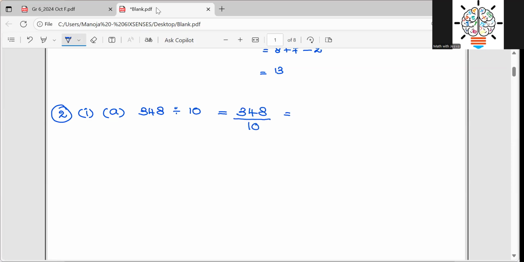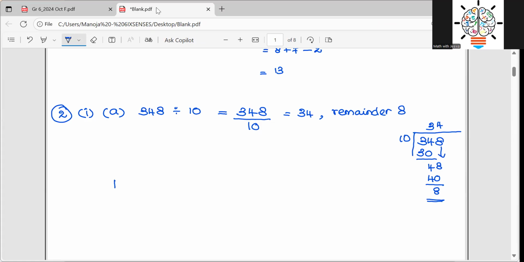So my answer will be 34, remainder 8, right? So how did I get this? 348, you divide by 10. 10 times 3, 30, and then 4, 8. So then 10 times 4, 40, and 8. So the answer is 34, remainder 8, right?